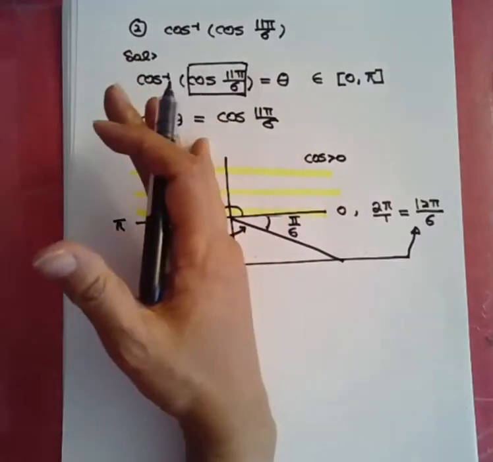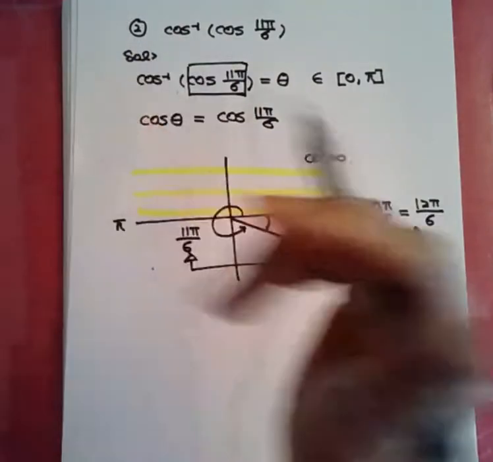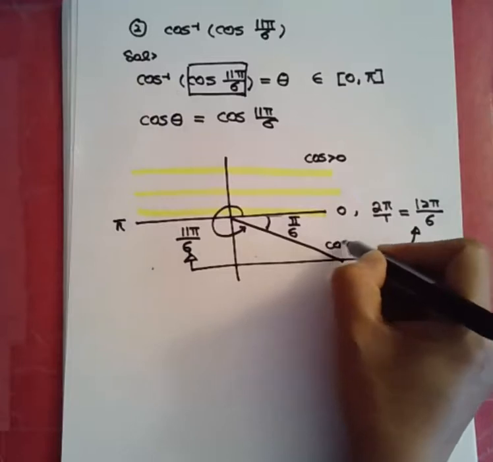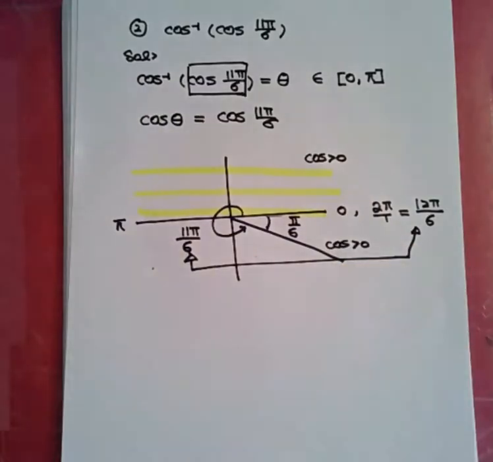In the first quadrant, cosine is positive, and in the fourth quadrant, cosine is also positive.